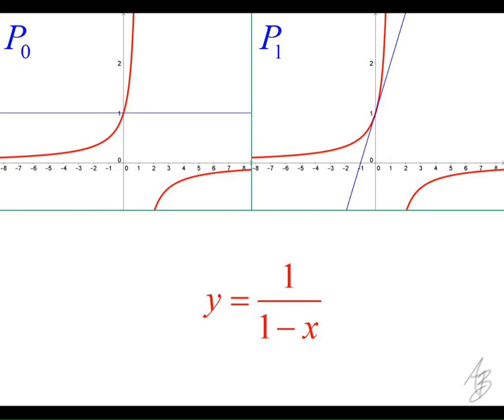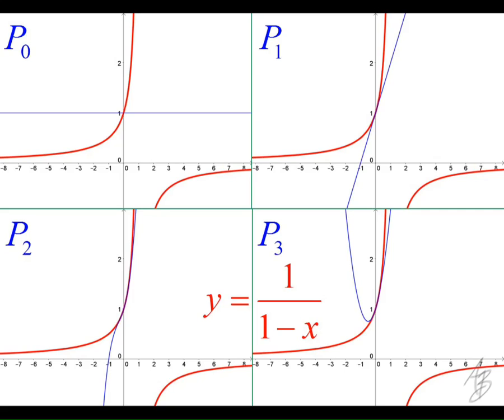And same thing, if we add more and more terms here, we can see that the approximation is getting better and better. So the first one really only gives us the value at the center itself, and that's it. The second one, we have an interval around the center that's not very big, but it gives us a pretty close approximation.